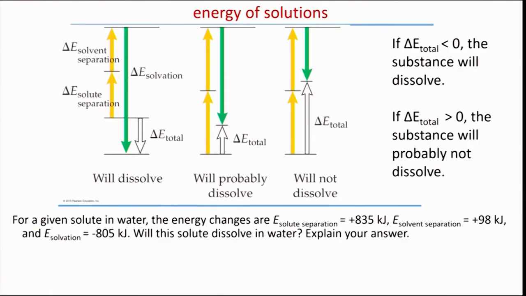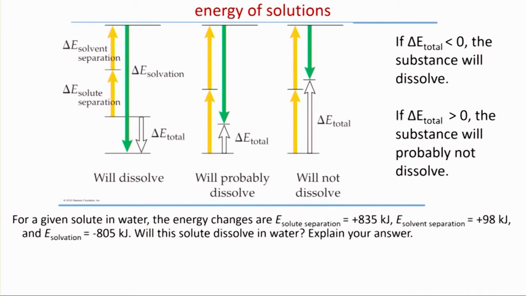Here are three examples, and you can see the change in energy labeled for the different steps. You can then add them up to see if the system overall requires energy or releases energy. For this first one, the solute and solvent changes in energy, the positive ones, are not as big, and the solvation part releases more.